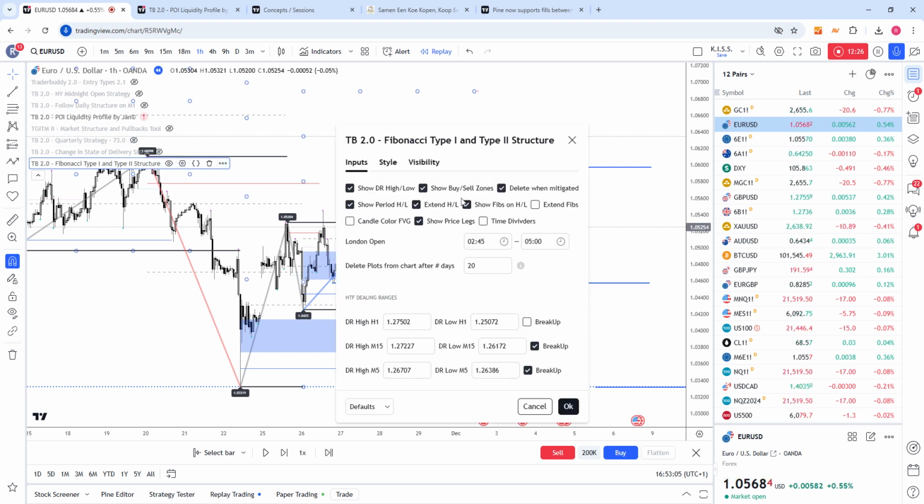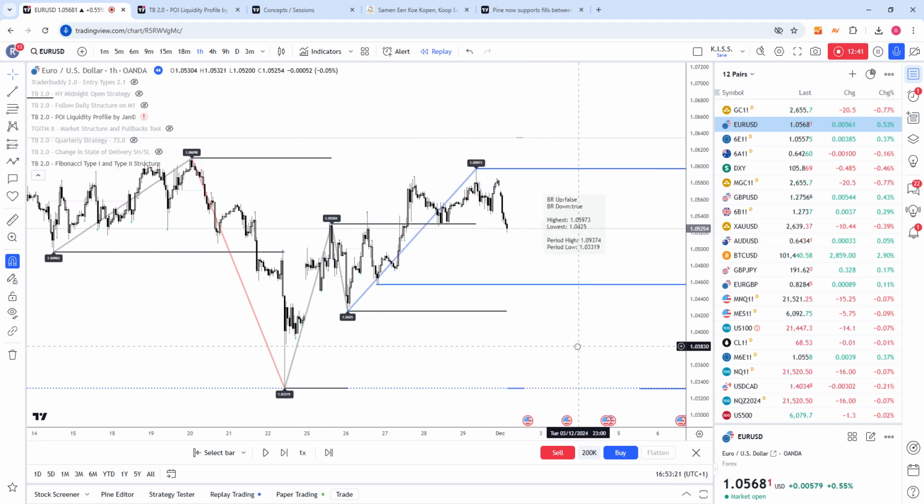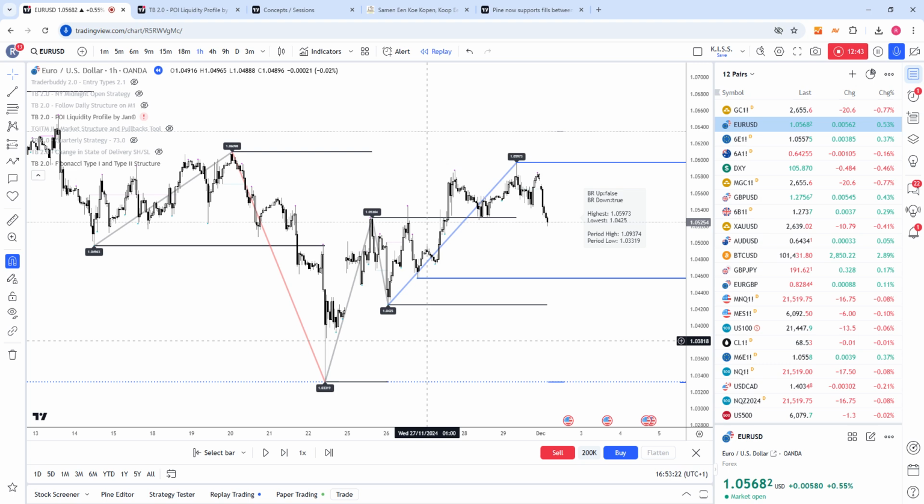So if you only want to see structure here, no buy sign, so no price legs. Well, maybe the price legs are okay. So now it's a little bit more clear.